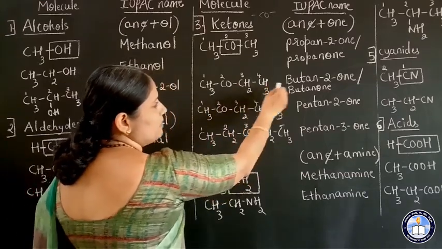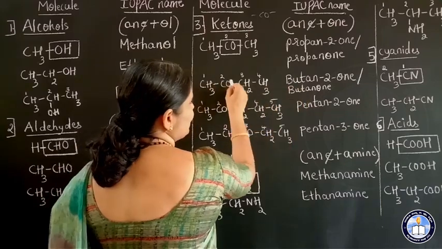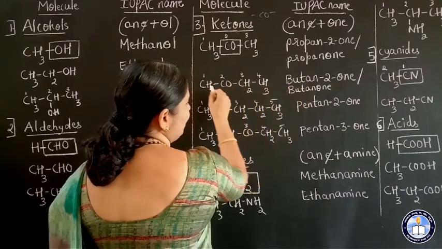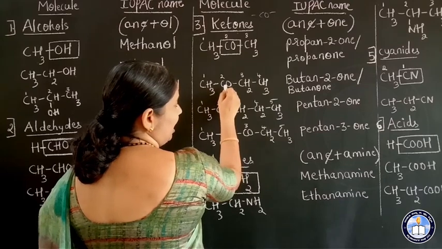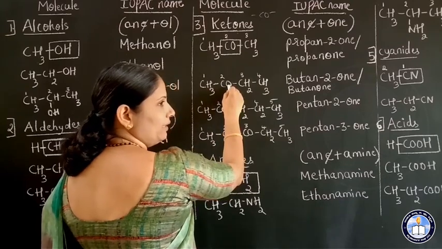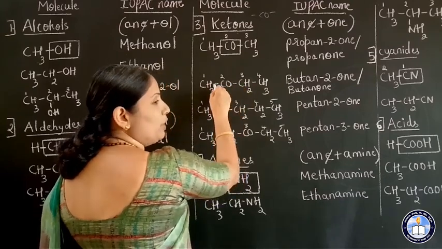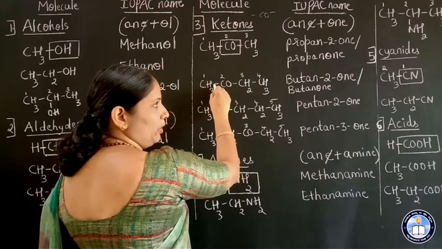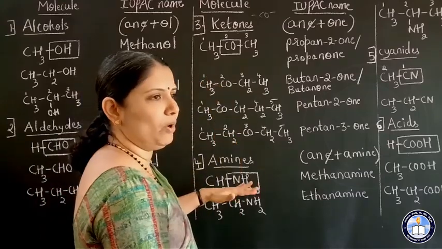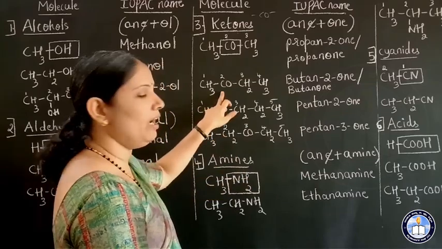4 carbon atoms, so but. All single bonds. In the carbon chain, all bonds are single bonds, and the carbon-oxygen bond is a double bond. Don't count that. In the carbon chain you have to check whether there is a single bond or a double bond. Whatever I have written now, in these organic compounds there exist single bonds between the carbon atoms.